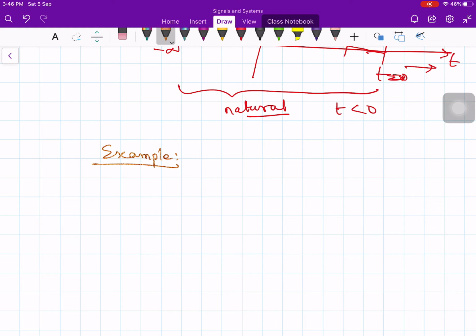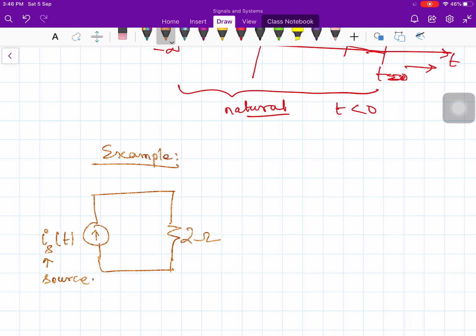Application to networks. I have a current source. This current source, let me denote IS of t. This S indicates source. IS of t, in parallel with a 2 ohm resistor, and then I have a capacitor of 1/6 farad, and then one more resistor like this, and here I am taking the output V0 of t.